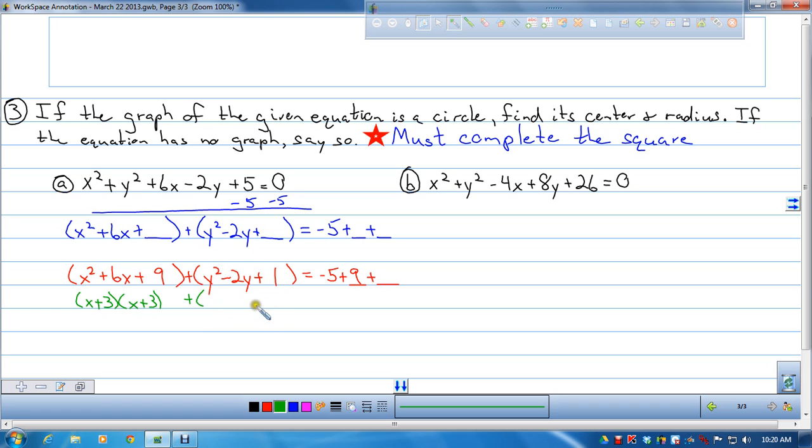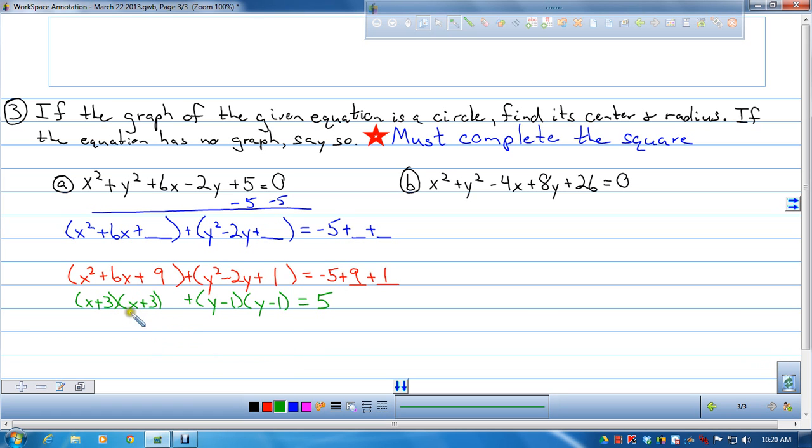This is a perfect square trinomial, which would be y minus 1 times y minus 1. Whoops, I forgot up here. I added 1 here, didn't I? Equals negative 5 plus 9 plus 1. So that's a 10 minus 5, which is 5.